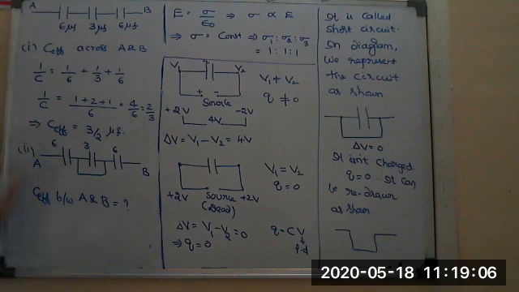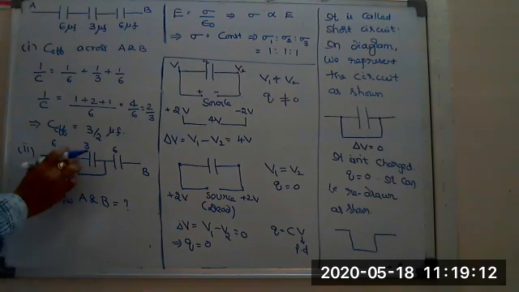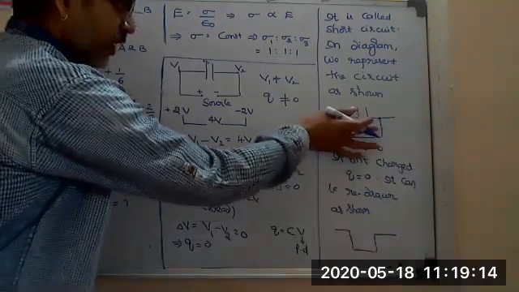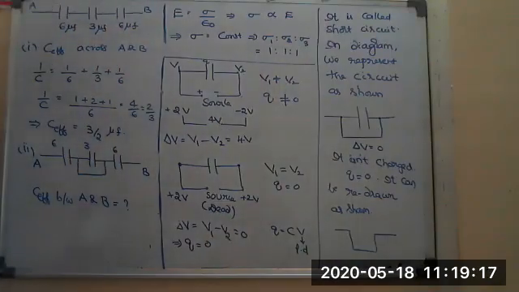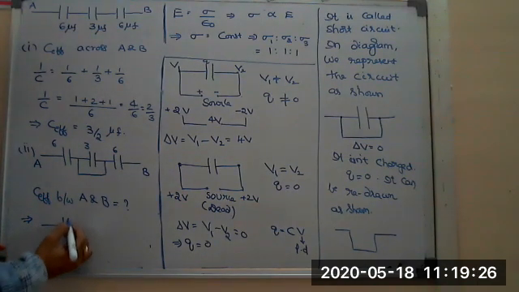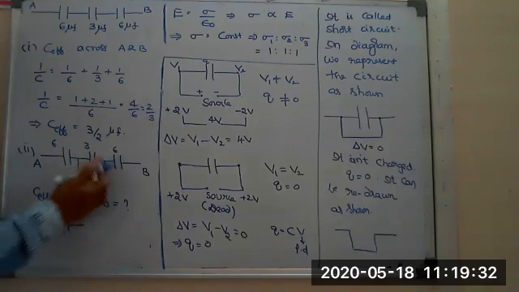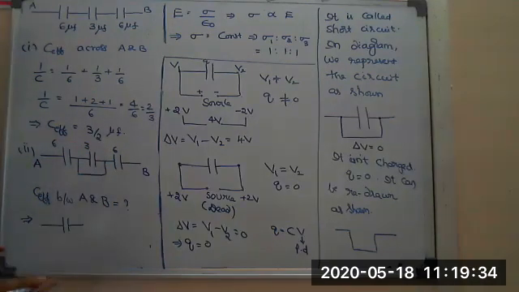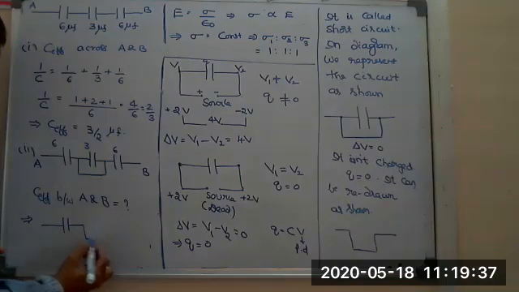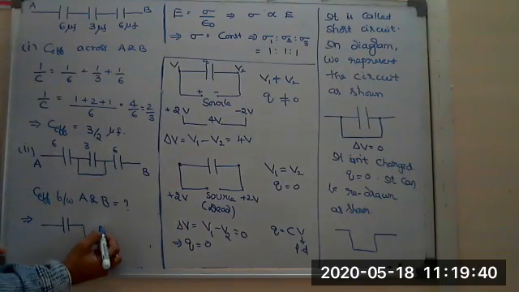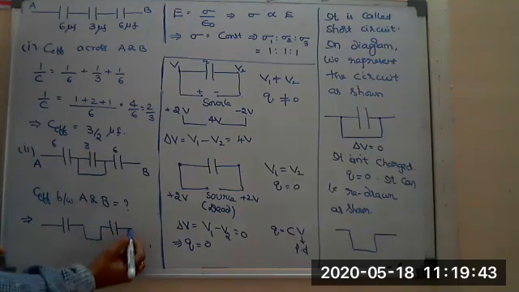Now you are involved in the short circuit concept. If a capacitor is short circuited like this, you can remove that capacitor from the circuit. So you can redraw the circuit with the 3 microfarad capacitor removed, because it is short circuited. This is the circuit symbol for short circuiting.